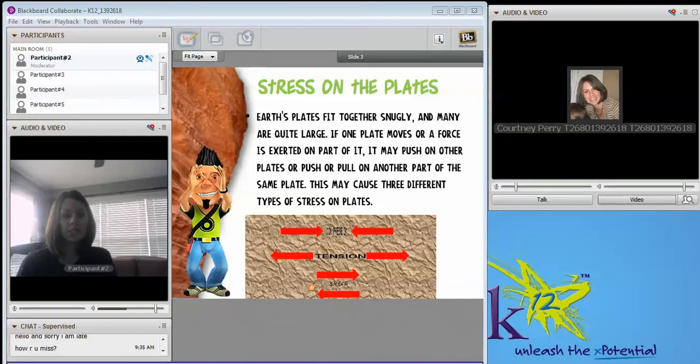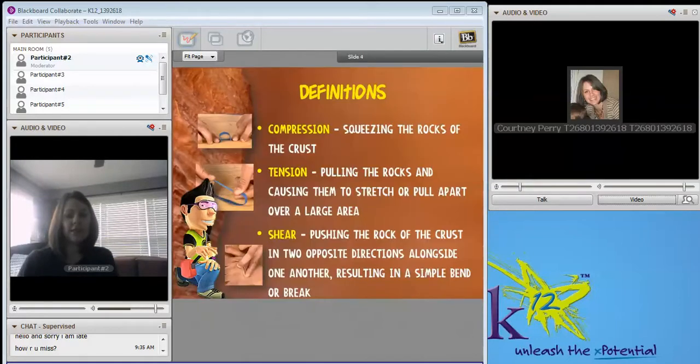Compression, tension, and shear. So what are these definitions? Compression is when the rocks are squeezed together. If you were to take a rubber band and start squeezing it together on either side, that would be compression. Tension is pulling apart a rock over a large area.